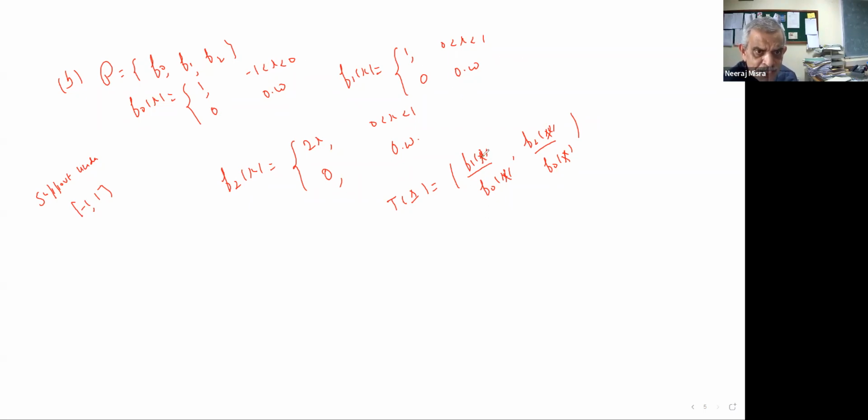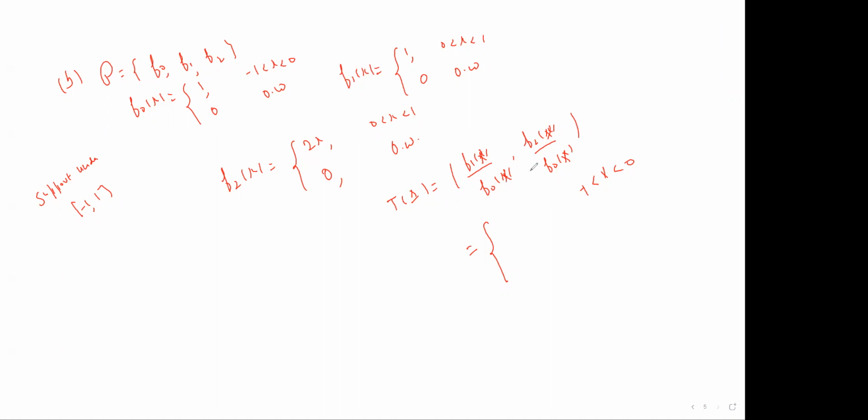What is F1(x) by F0(x)? If x lies between -1 and 0, what will this quantity be? F0(x) is 1, so this is 0.